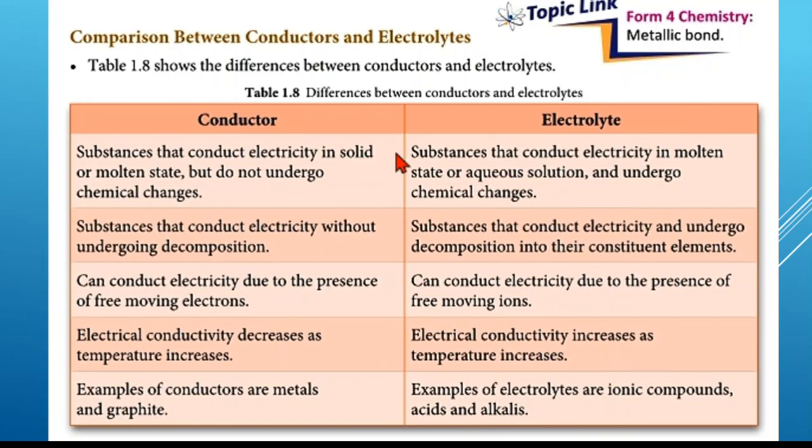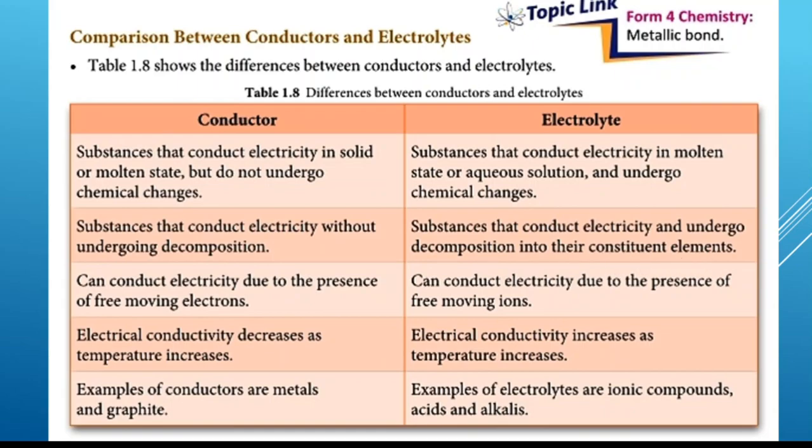Solid, dia tidak conduct electricity. Faham? And then the chemical changes ada berlaku. Undergo chemical changes. Okay? And then second one, conductor, substance that conducts electricity without undergoing decomposition. Electrolyte, substance that conducts electricity and undergoes decomposition into their constituent elements.